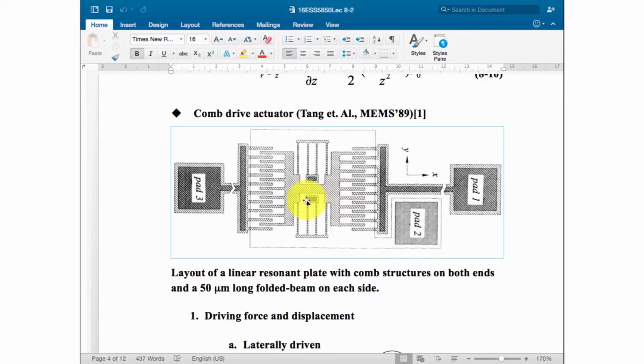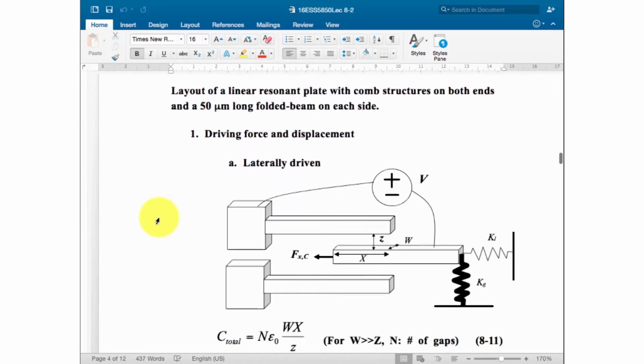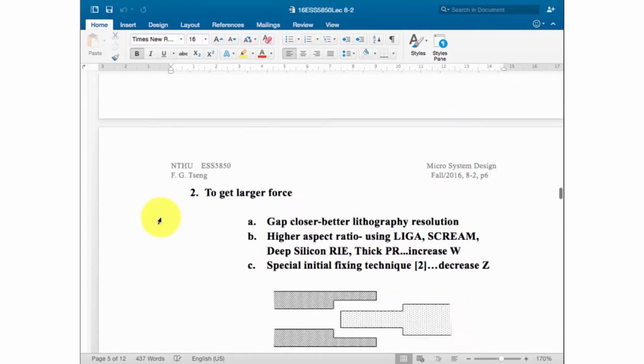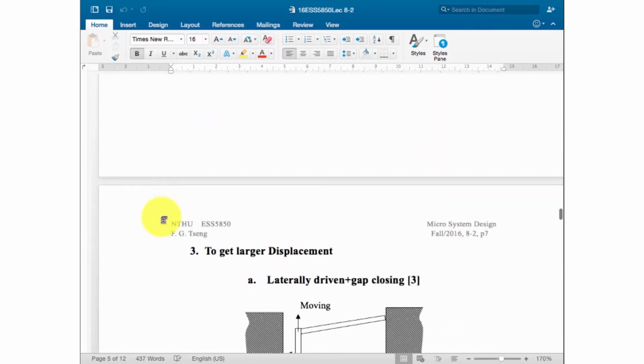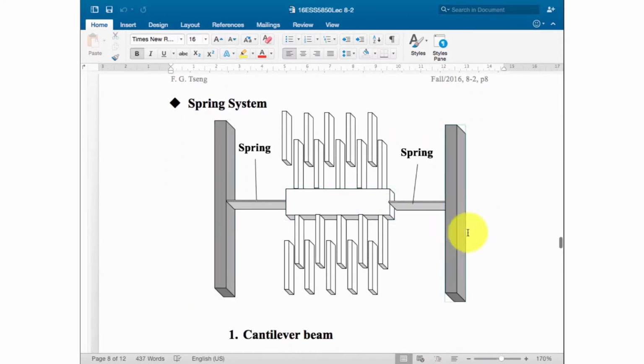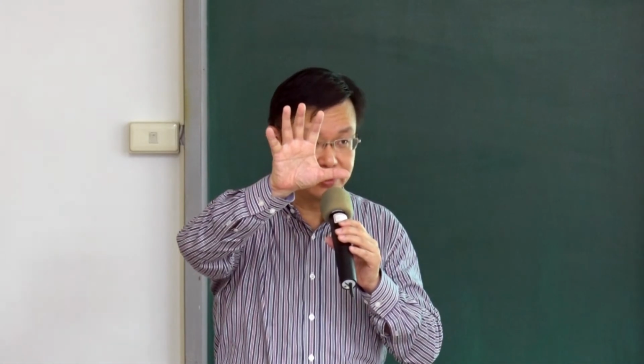Now, after you understand the actuation mechanism, we will go forward to take a look at the design of the spring system. Because the spring system is based on the cantilever beam, we will come back to the cantilever first. We talked about this last week. Now we rotate the whole actuator 90 degrees.